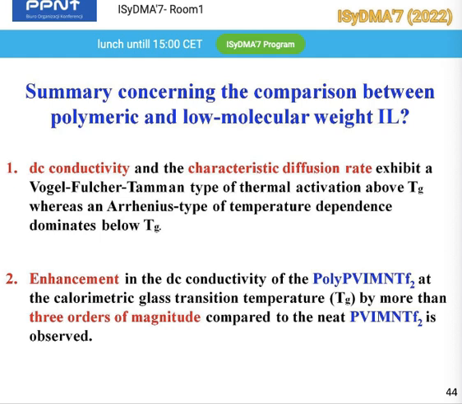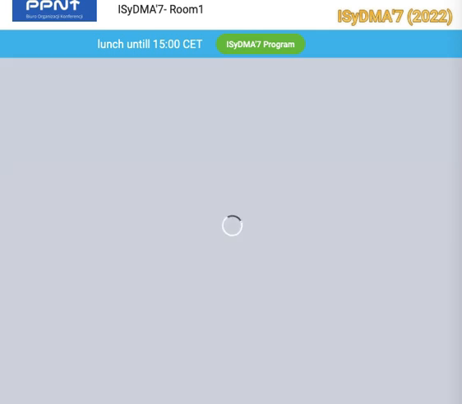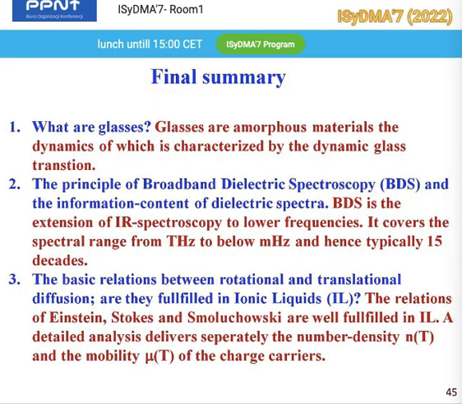And so at the end, I would like to summarize my whole talk. What are glasses? I spoke especially about organic glasses, amorphous materials, the dynamics of which is characterized by the so-called dynamic glass transition. You can determine this dynamics with many different techniques, but the most popular technique is, of course, broadband dielectric spectroscopy.